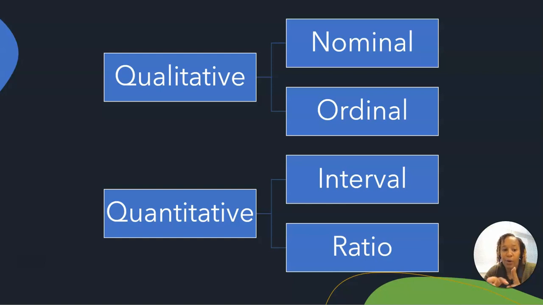Remember, with nominal or ordinal, the question you want to ask yourself is, can you rank the categories? If you can rank the categories, it is ordinal. If you can't rank the categories, it is nominal. With interval and ratio, you want to ask yourself, does 0 mean the absence of the quantity, or does it not mean that? If it does not mean the absence of the quantity, then that will be interval. If it does mean the absence of whatever it is you're studying, that will be ratio level data.